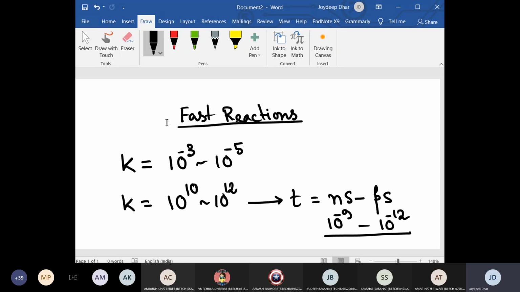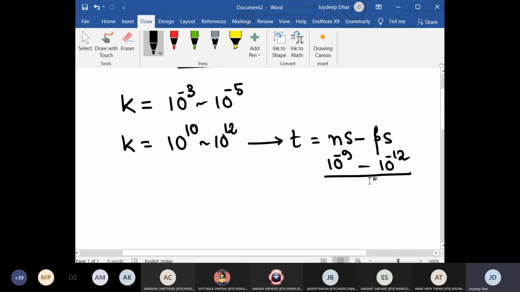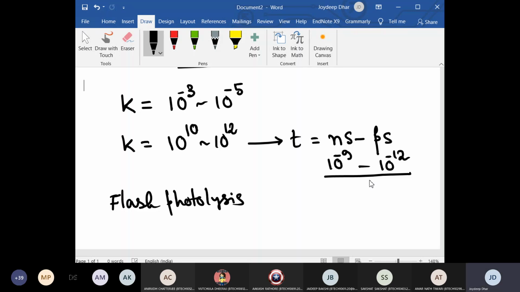Several techniques are there. Like in your syllabus, flash photolysis is given. So one is flash photolysis, then the relaxation method, and then you can study by flow techniques.